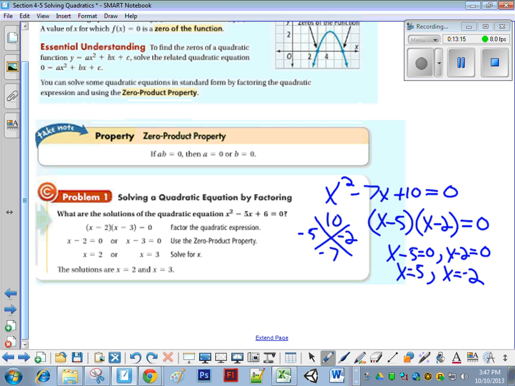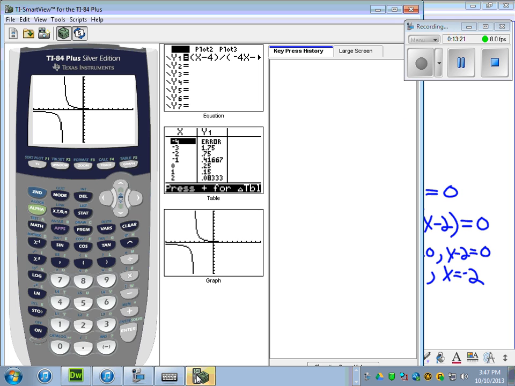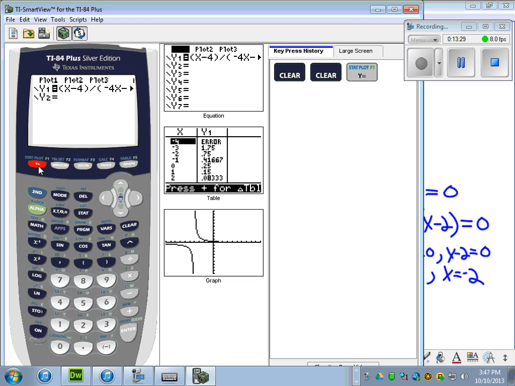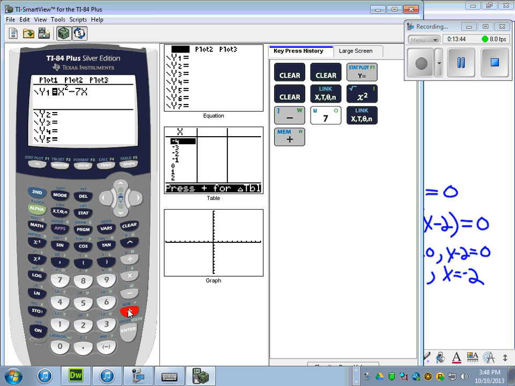Now, if I have that graphing calculator working, which I think I do, I can probably use that to help me graph that same one. I can hit clear on that, clear again, and I'm going to go to my y equals, clear out anything I have, and I'll put the original equation in here: x squared minus 7x plus 10.